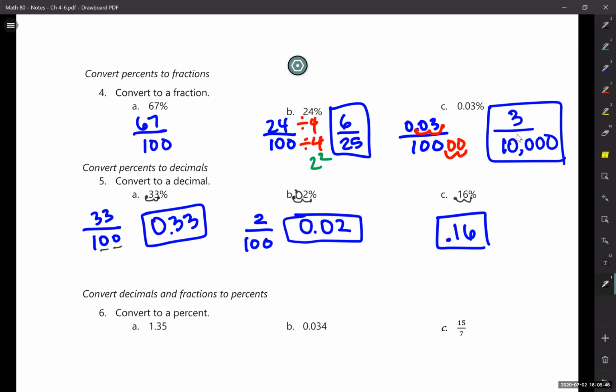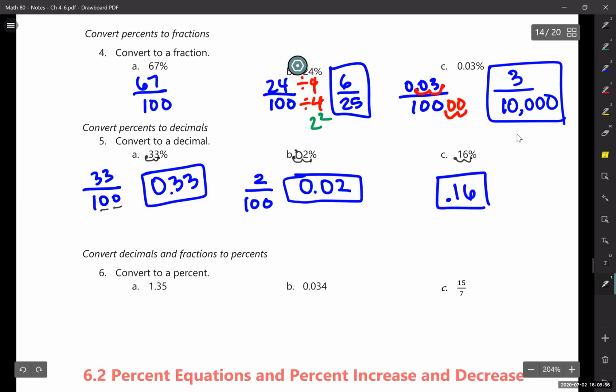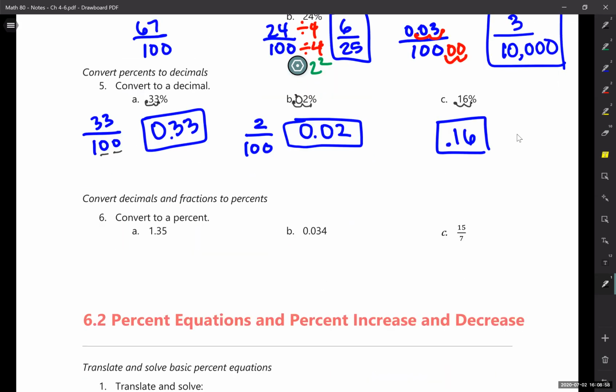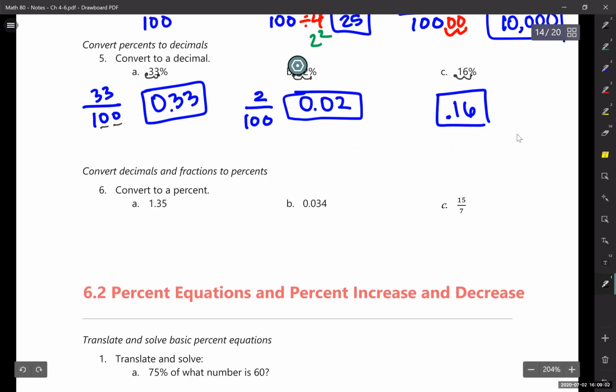Okay, number 6, we have converting decimals and fractions to percent. So I want to make these into a percent. All of these are different than what we've done so far. So let's look at this. Converting to a percent, I want to move the decimal the other direction to make it a percent.